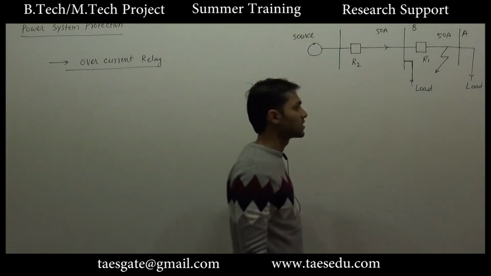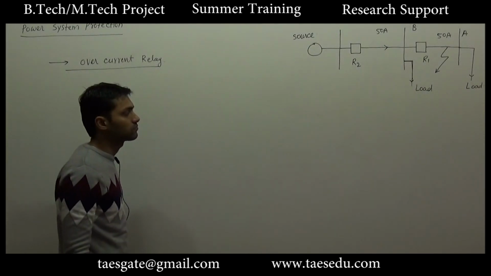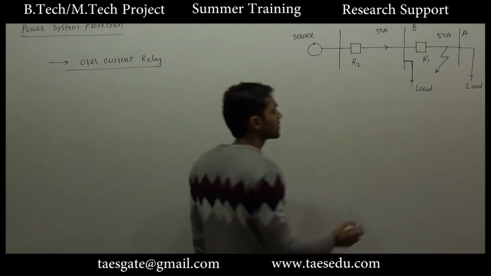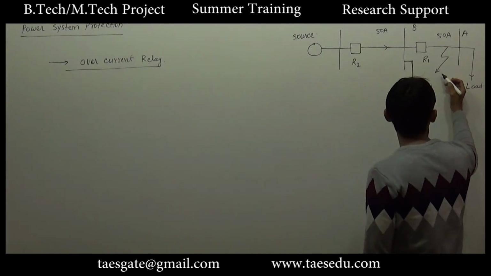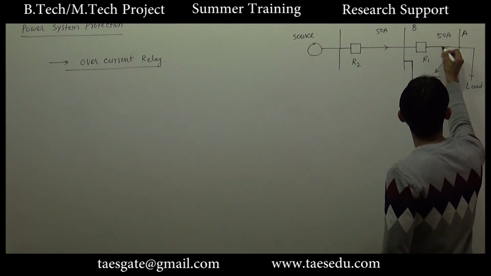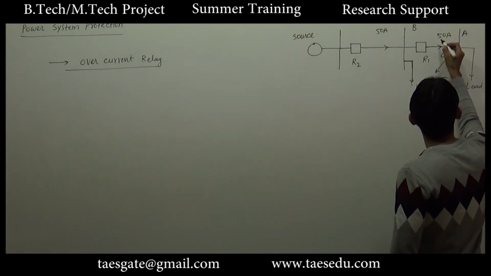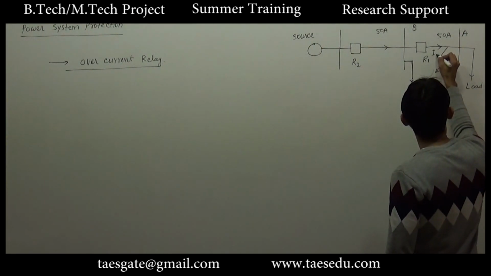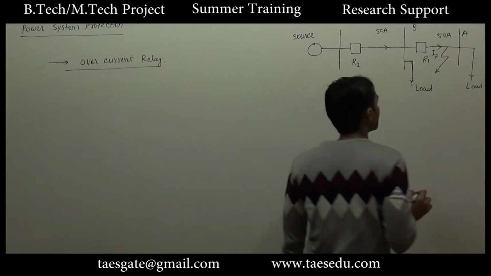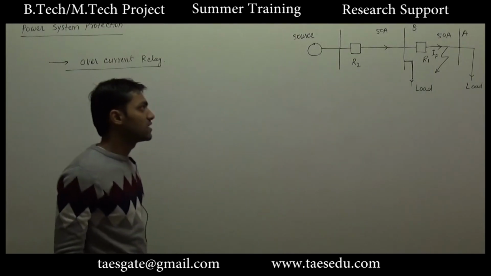Let's say a fault has occurred at this point. So how will this fault be cleared? If a fault occurs at this point, the amount of current here will be very high. This fault current will pass through relay 1 and hence be sensed by relay 1.